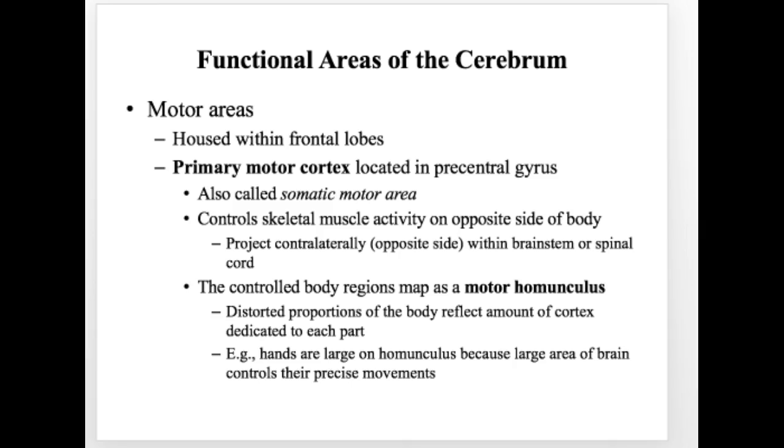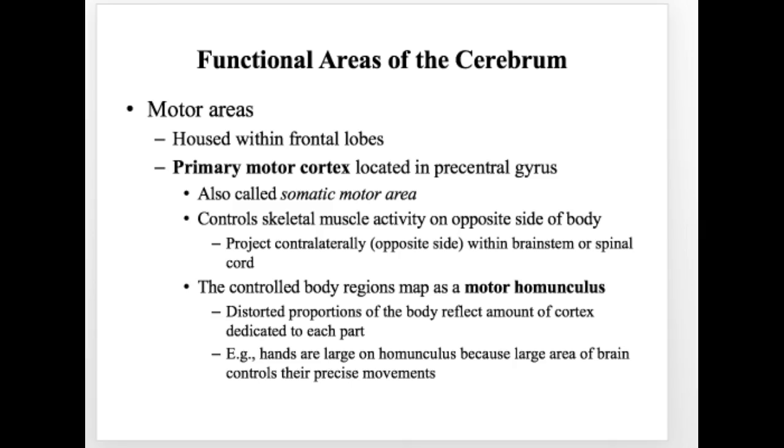The primary motor cortex, also called the somatic motor area, controls voluntary movements, that is, skeletal muscle activity on the opposite side of the body. So neurons project contralaterally to the opposite side within the brainstem or the spinal cord. An example, primary motor neurons from the left hemisphere cross over to control the right side of the body.